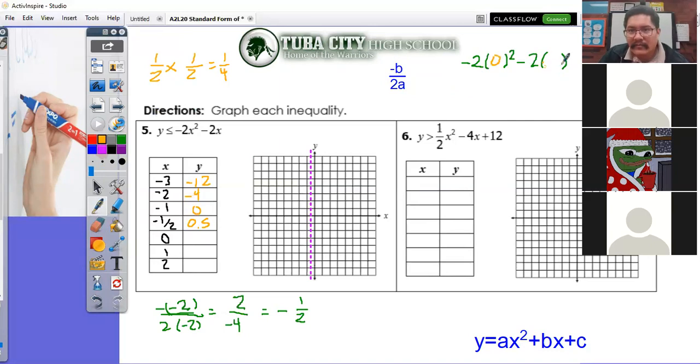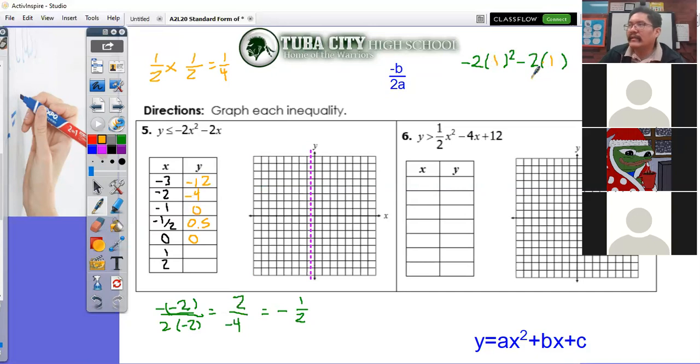All right, 0, plug in 0, that's going to be super easy. 0 squared, 0 times anything, always going to be 0. And I don't have any regular numbers. If I had any regular numbers, it would just be those regular numbers, but in this case, we don't have any. So it's going to be 0 all the way. All right, let's go ahead and do 1.